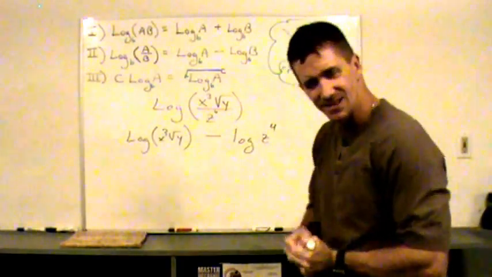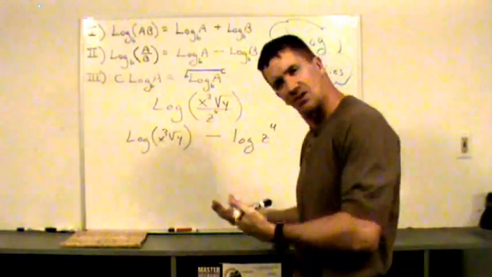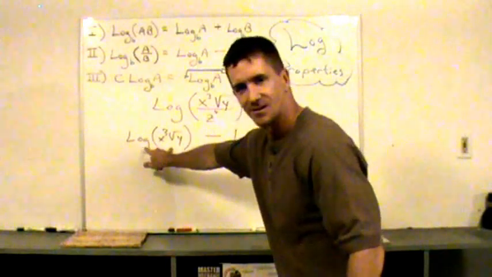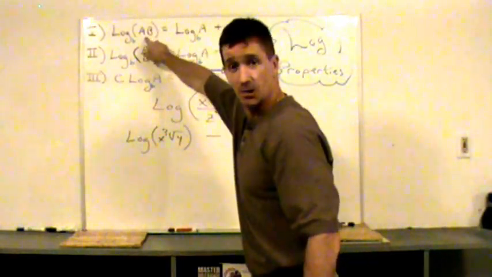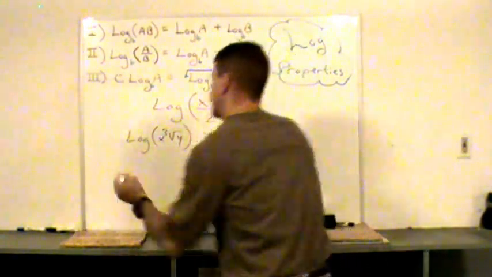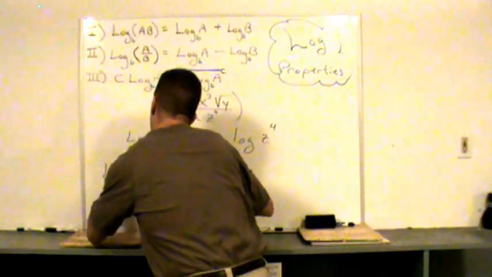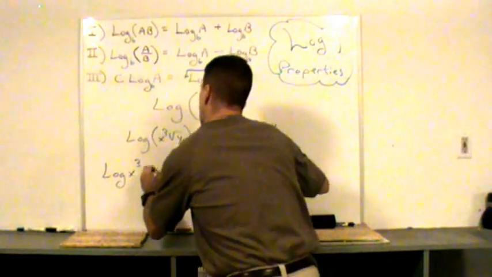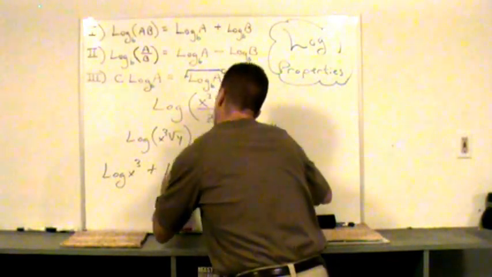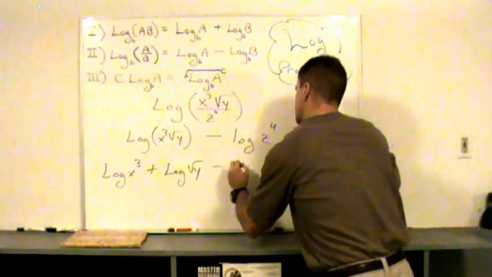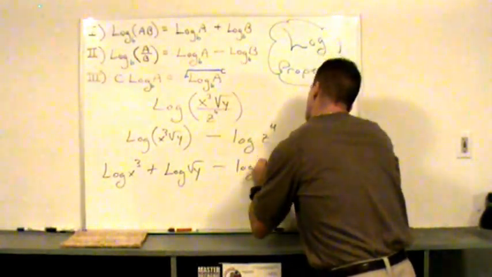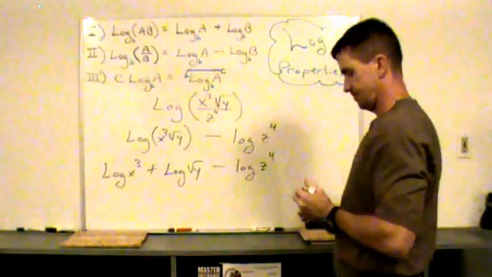But are we done? Can we expand this further? Surely, right here. Notice it's x cubed times the square root of y. We can use property 1. We can rewrite this as log of x cubed plus the log of the square root of y. And I'll rewrite this, log of z to the 4th.